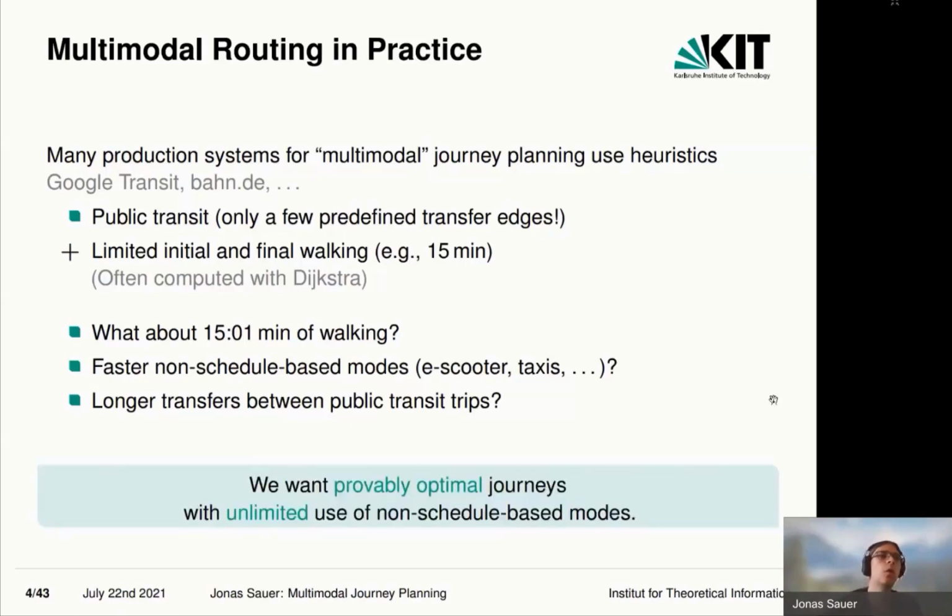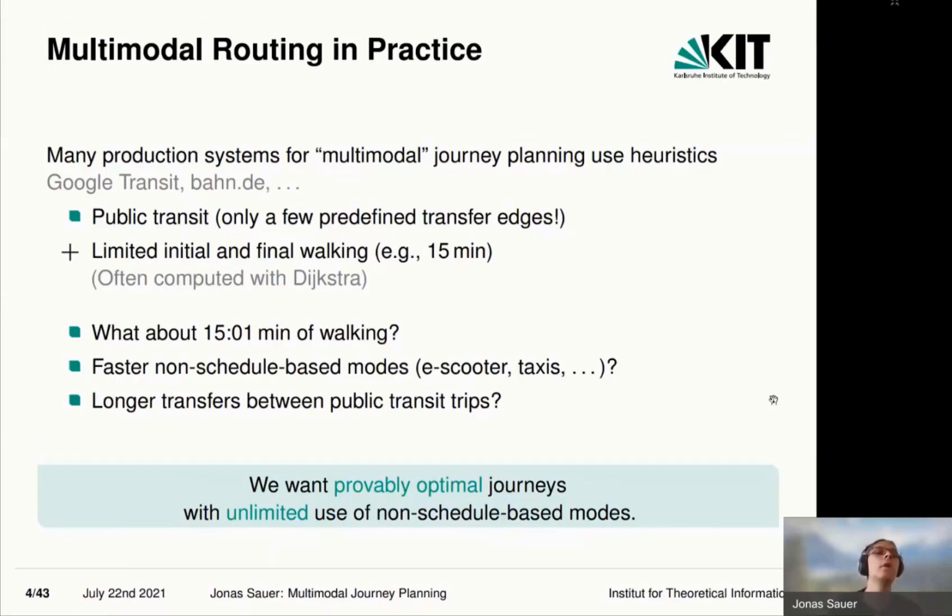So what we want is to combine as many modes as possible, including non-schedule based modes. We don't want to limit their use from the algorithmic side. Obviously we're going to run into problems later, where if we allow unlimited use of certain modes, we might get journeys that consist of 5 hours of walking, but we can handle that if we carefully choose the optimization criteria that we're looking at.